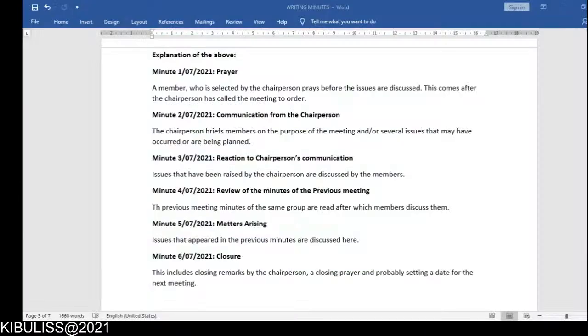Then we shall also emphasize whether or not there is a need for another meeting. You may name the date. The members will decide that let's have our next meeting on such and such a date. So those are some of the things that may go in the closing remarks.